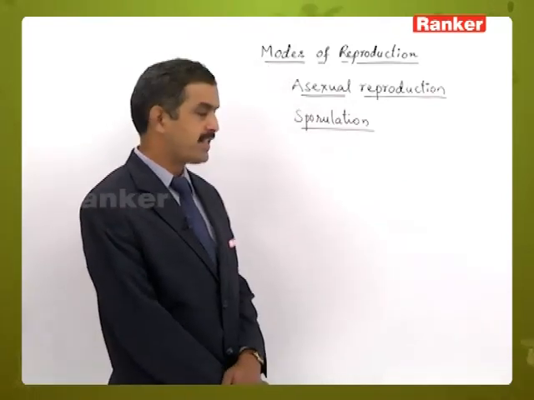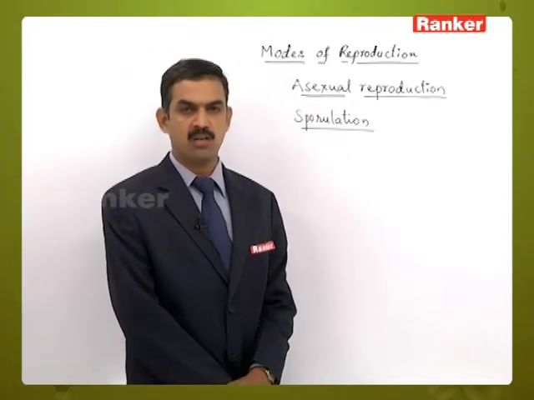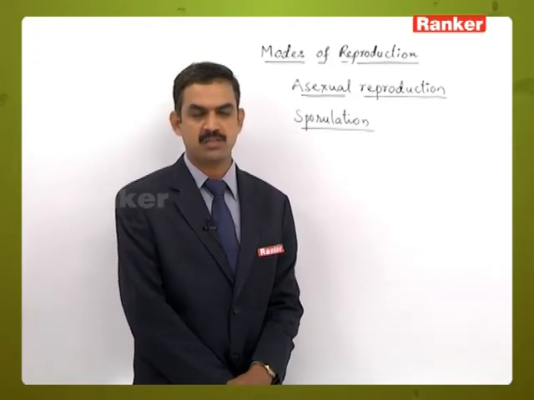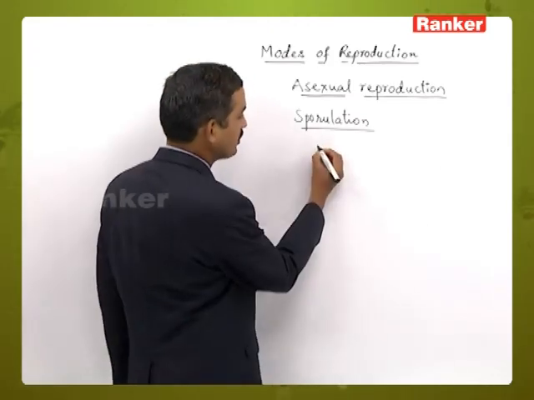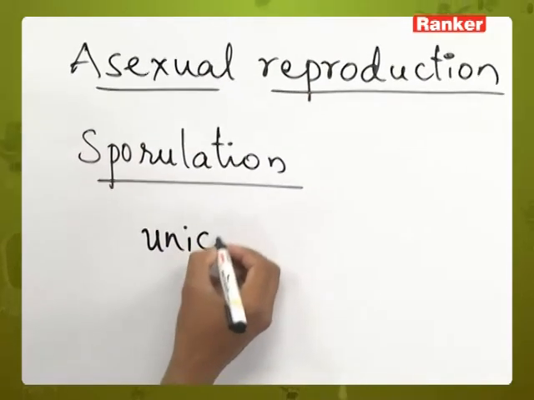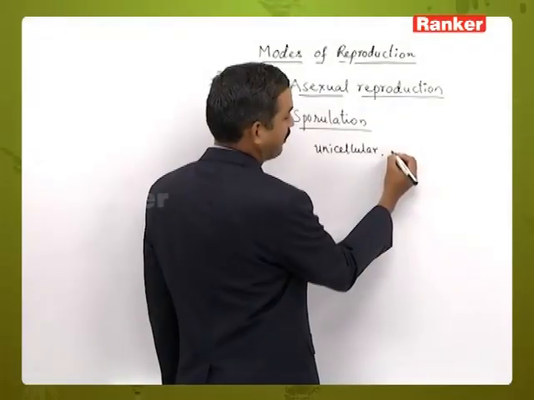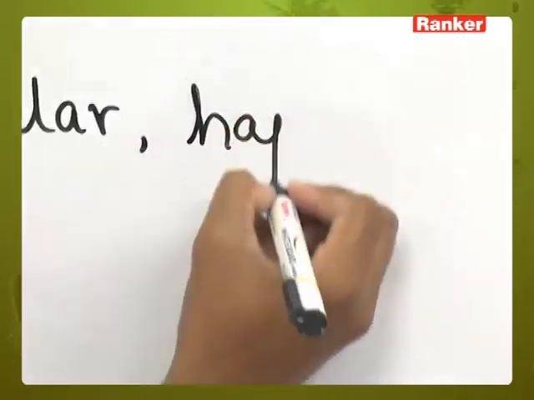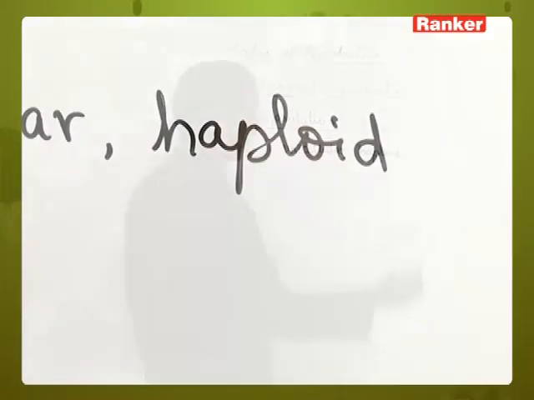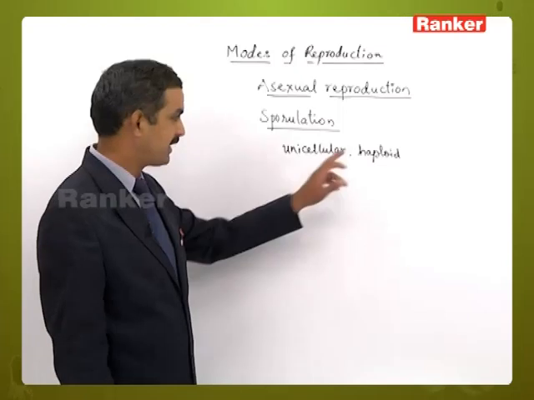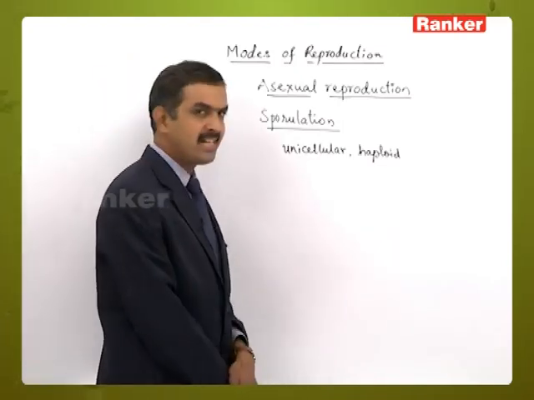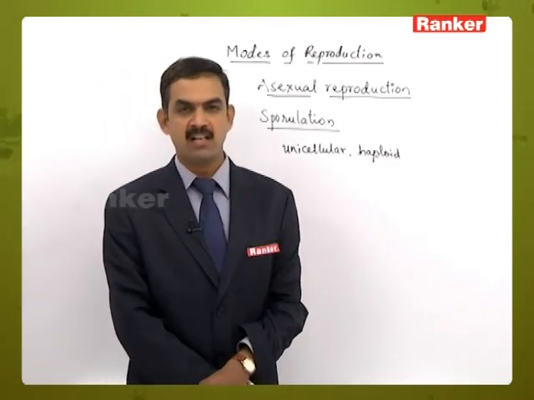Sporulation is a process where the plant produces special small structures called spores. In most cases these are unicellular, and the ploidy is generally haploid, or sometimes they may be diploid, but in most cases they are haploid, and they have a small layer around them.